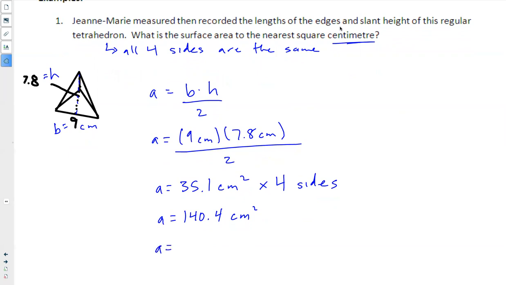Okay, so my final answer, surface area is equal to 140 square centimeters. Okay, easy peasy. Make sure we are including our units with our answer, because remember, a number with no units is simply just a number.